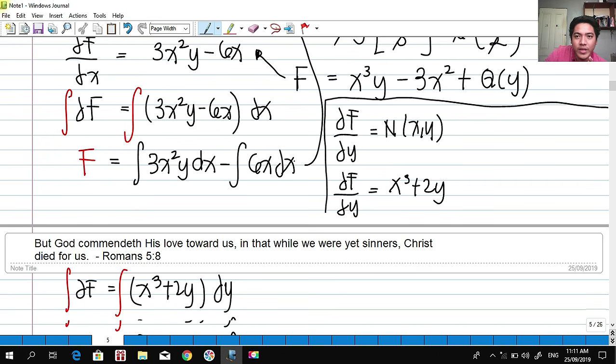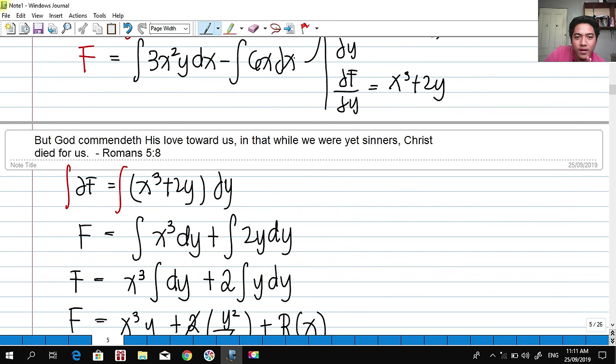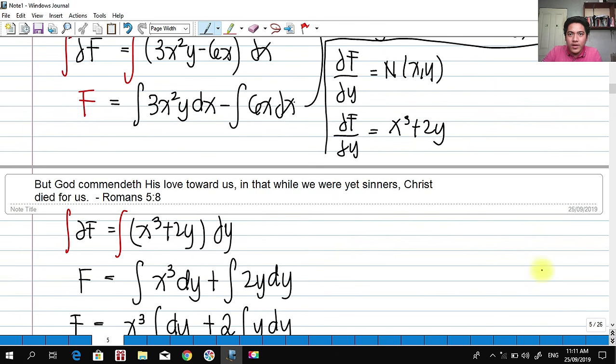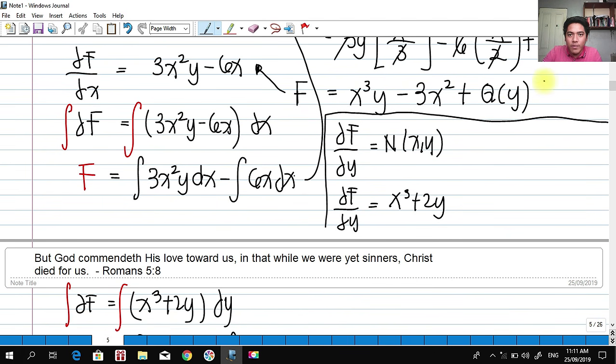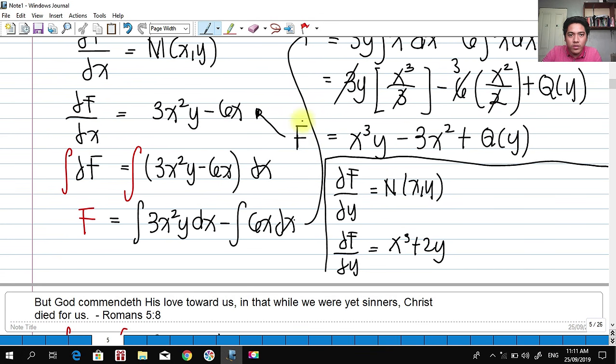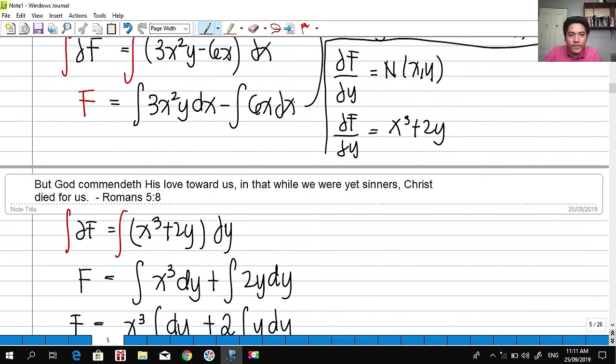So we need to determine the q of y and the r of x. Here we have f is equal to x cubed y plus y squared plus r of x. And here we have x cubed y minus 3x squared plus q of y. Notice that they are both equal to f.